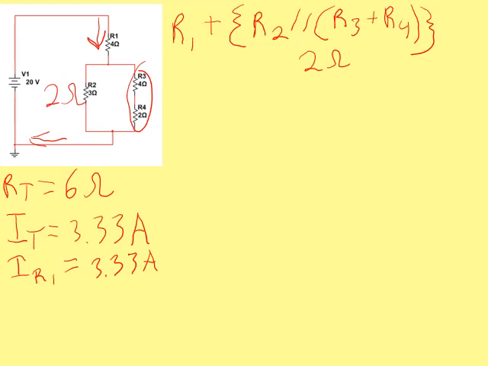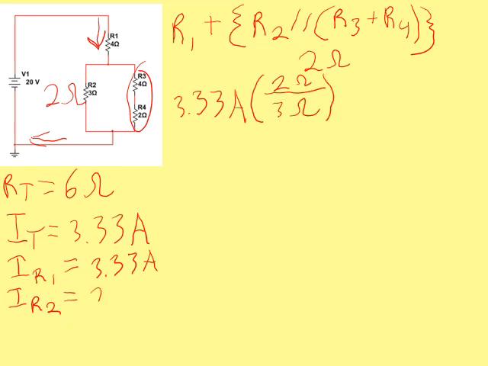From there, I'm going to do current divider, and I'm solving for IR2 now. 3.33 amps times 2/3 of that. 2/3 of 3.33 equals 2.22 amps.